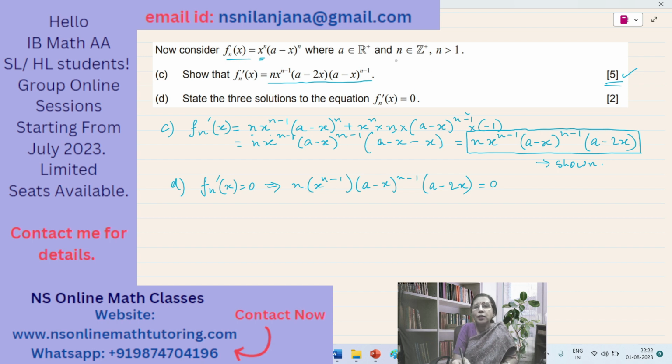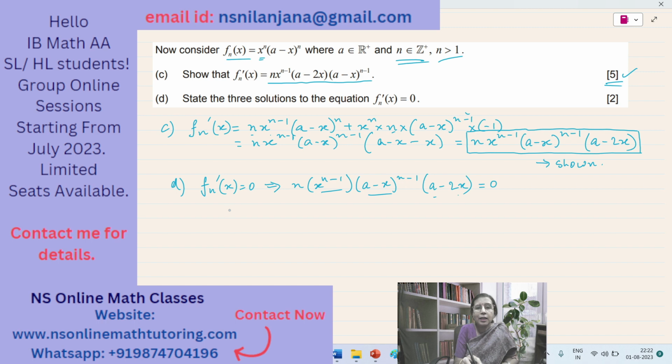So n is a positive integer, n is greater than 1, therefore n is definitely not equal to 0. So either x to the power of n minus 1 is equal to 0, or (a minus x) whole raised to the power of n minus 1 is equal to 0, or a minus 2x is equal to 0.